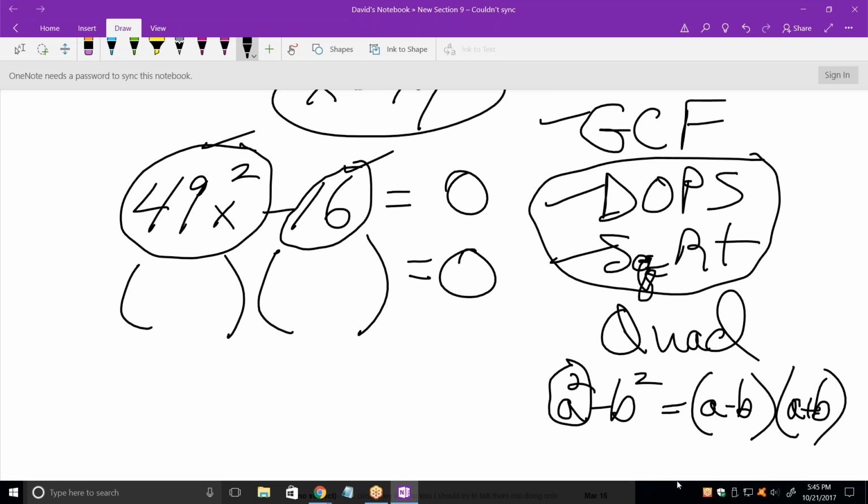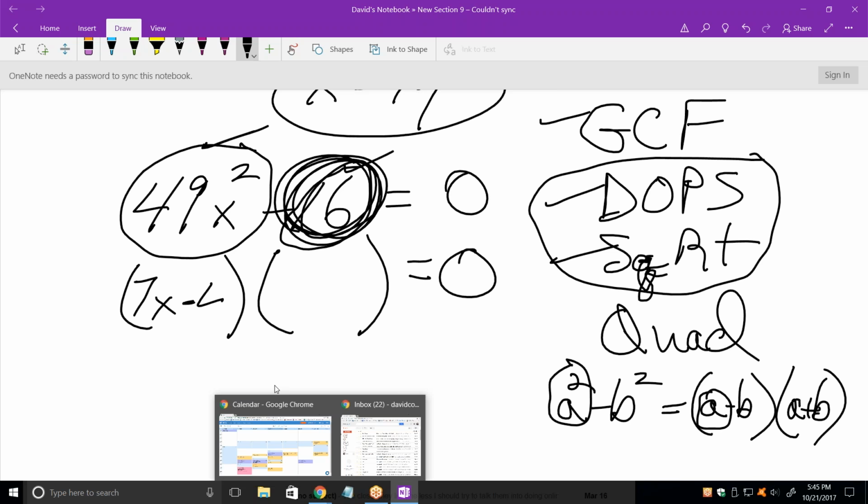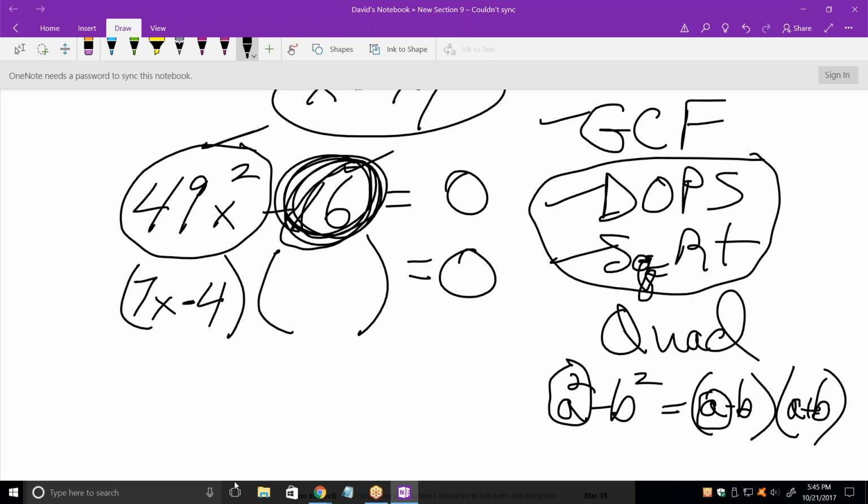So I need to figure out what a is. A is the square root, 7x, yes. That's a. What's b? B is the square root of this number, 4. And once you get that first factor, you're done thinking. This next one is just the conjugate, always.